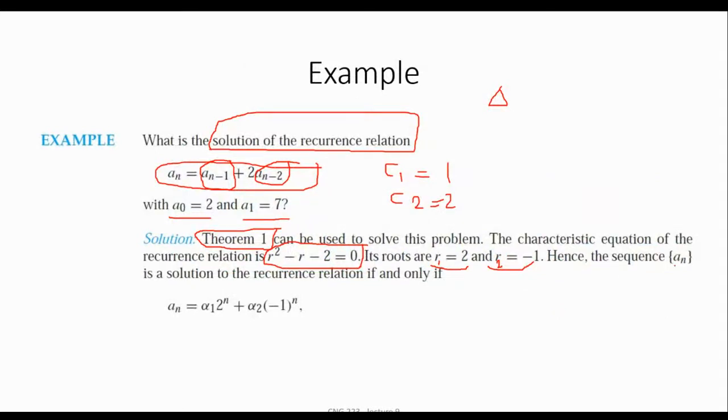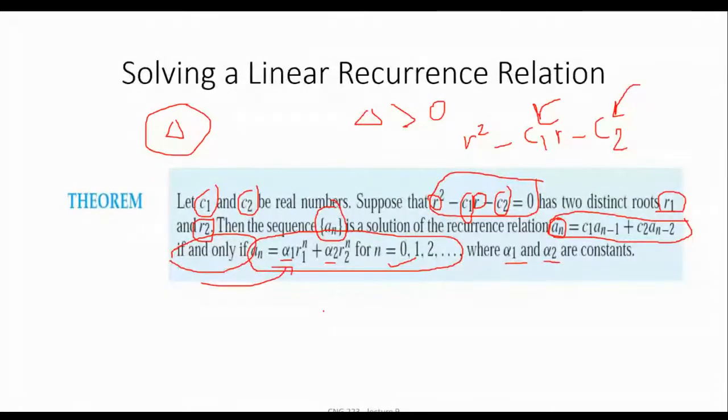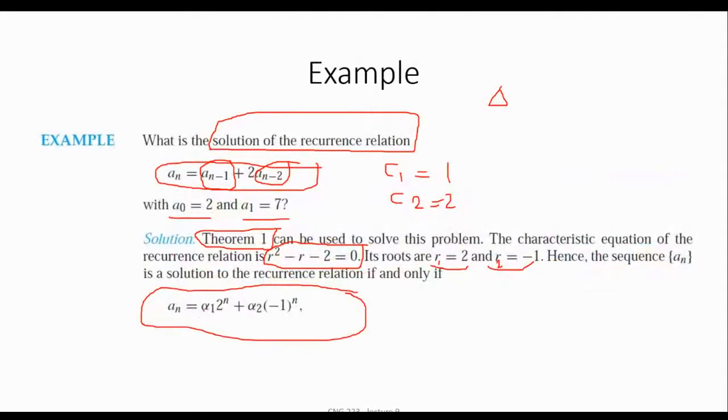Now, the sequence a_n is a solution to the recurrence relation if and only if we have such a case. So based on the theorem, you come up with this equation, you found the roots, and then you can define this equation. If you go back again to this theorem, you see that we should have two constants, alpha 1 and alpha 2, but I don't know their values so far.